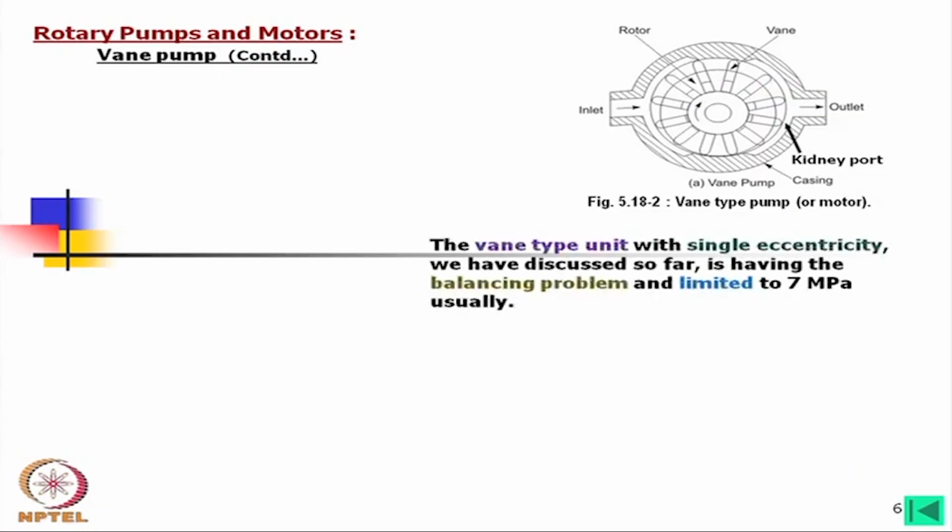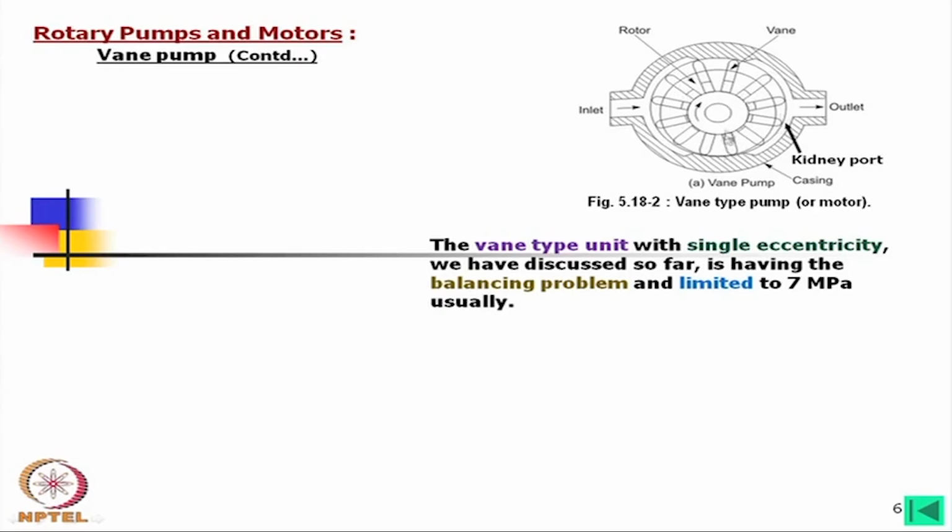The vane type unit with single eccentricity has a problem. This is called the balancing problem. Although this rotor, or this barrel, the vane carrier, is rotating about the shaft, which is mounted on center, so due to this there is no imbalance.